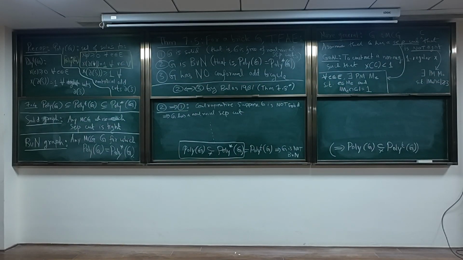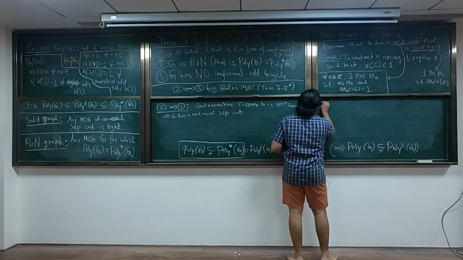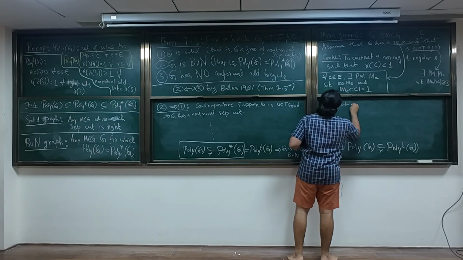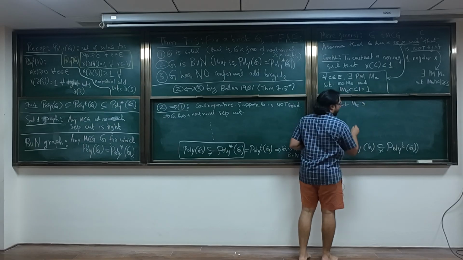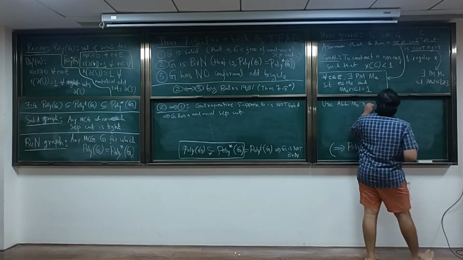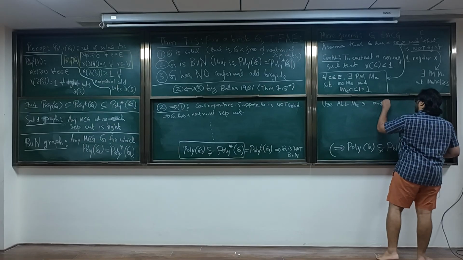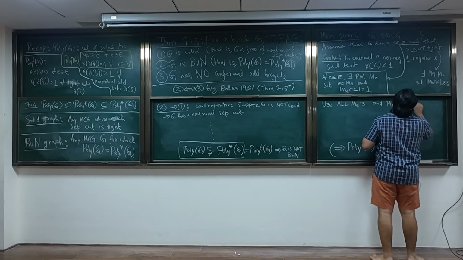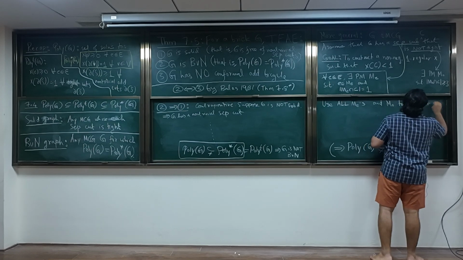Okay, try it now. Use all M_e's, one for each edge of the graph, and M naught to construct x.